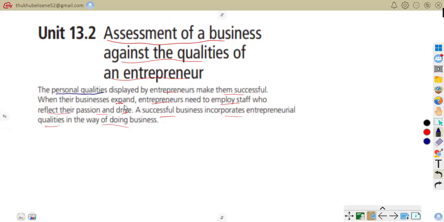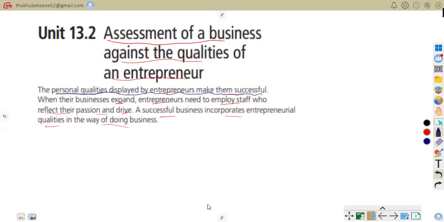For example, a business owner remains committed and finds new ways to attract customers when sales are low. That is why we're saying personal qualities displayed by entrepreneurs make them successful. That is the point I've just talked about.